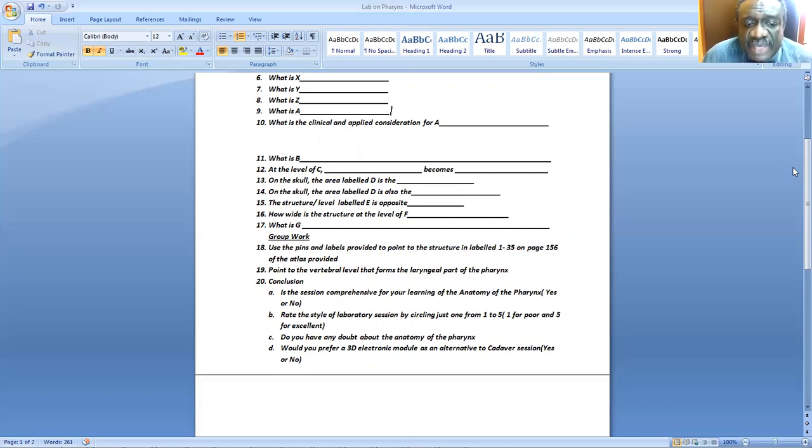But if it was a face-to-face cadaver session, you'll be able to do 18. So I will say to you, leave question number 18 and 19 alone. And then do us a big favor, go to question number 20. And that is just like a little questionnaire. And you will be assisting us to assist you by doing question number 20.